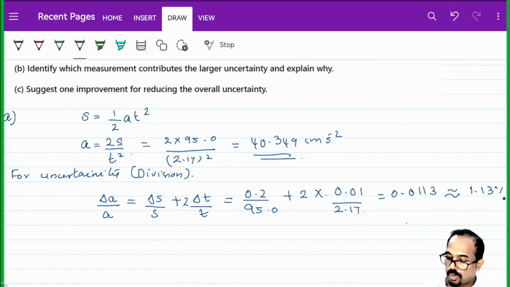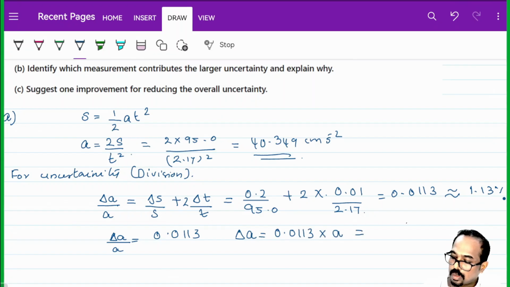Now you need to find the absolute uncertainty in the acceleration. Delta A by A equals 0.0113, so the absolute uncertainty in the acceleration is 0.0113 multiplied by the acceleration you have already calculated, 40.349.